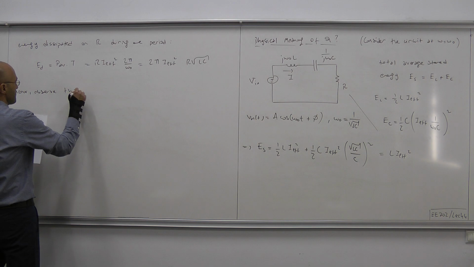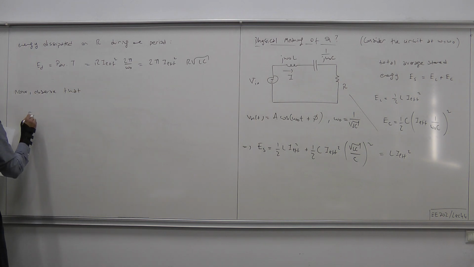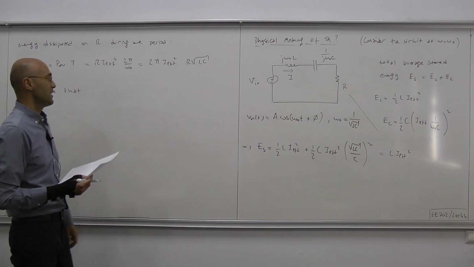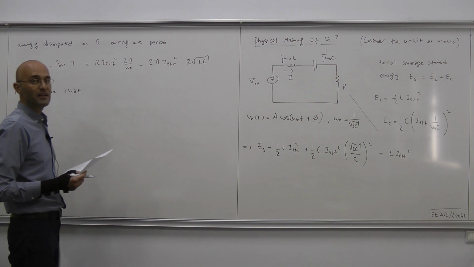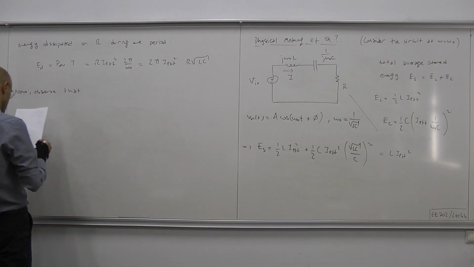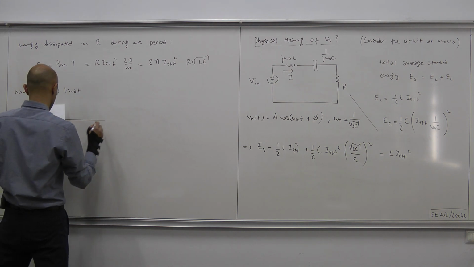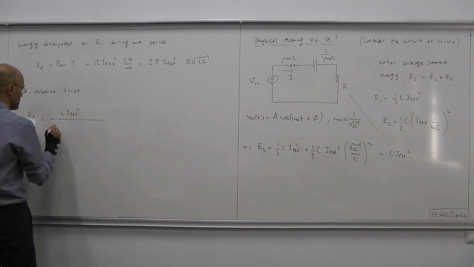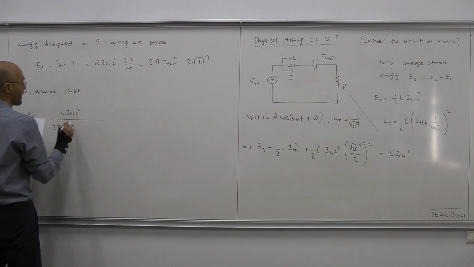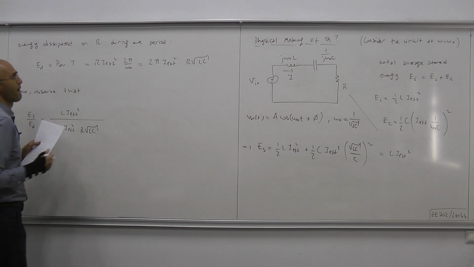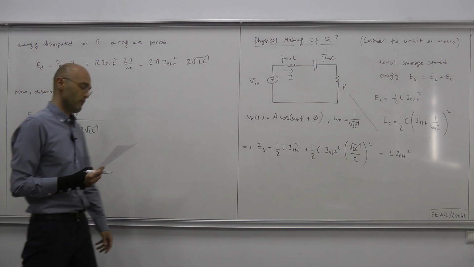Observe that ES over ED, that is the ratio of the total average stored energy in the circuit to the energy dissipated on the resistor during one cycle, one period, equals L I effective squared over 2 pi I effective squared times R times square root of LC.